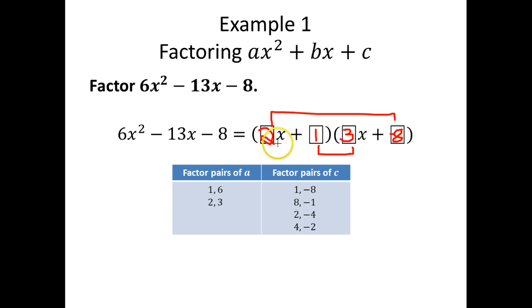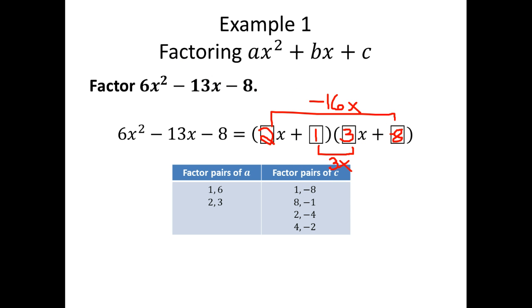So I have 2x times negative 8, that gives me negative 16x, and 1 times 3x, that's just 3x. Notice here, I finally found what I wanted. I have that my x term, once I combine like terms, is going to be negative 16x plus 3x, but that's just negative 13x. So I actually got this one correct with this configuration.